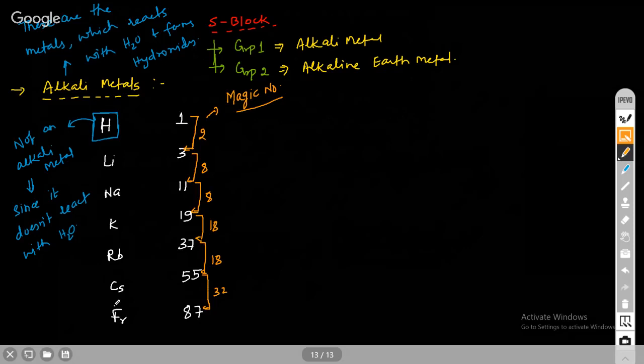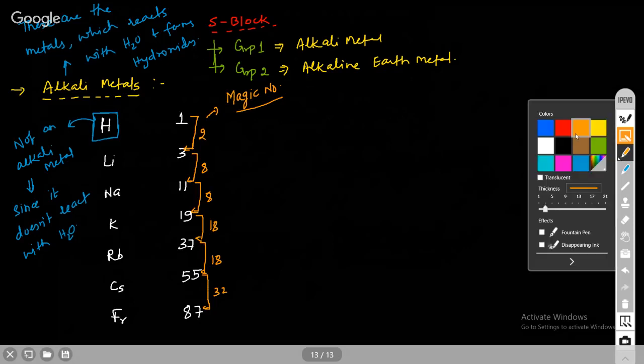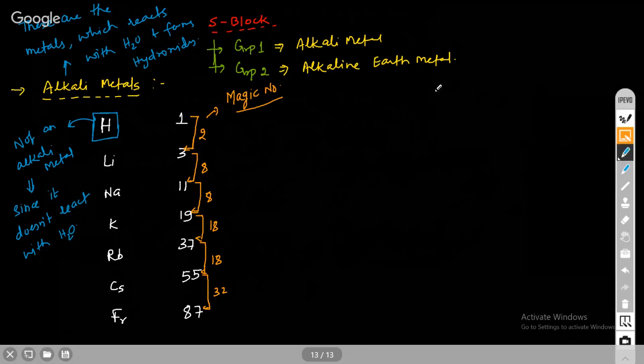Okay, so now the next point: if you see the electronic configuration. For hydrogen it is 1s1. For lithium it is 1s2 2s1. So 1s2 is the configuration of helium, so we also write it as helium and then 2s1.